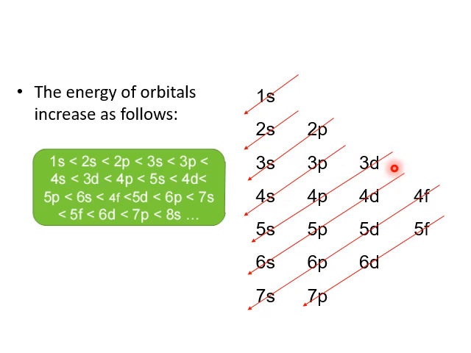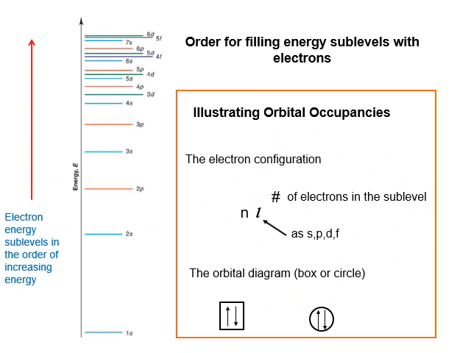So this is the energy level. You can see 1s is lowest, 2s is second lowest, 2p followed by 3s, 3p, and 4s must come first. 3d is a bit higher than 4s, then followed by 4p, 5p, and so on.